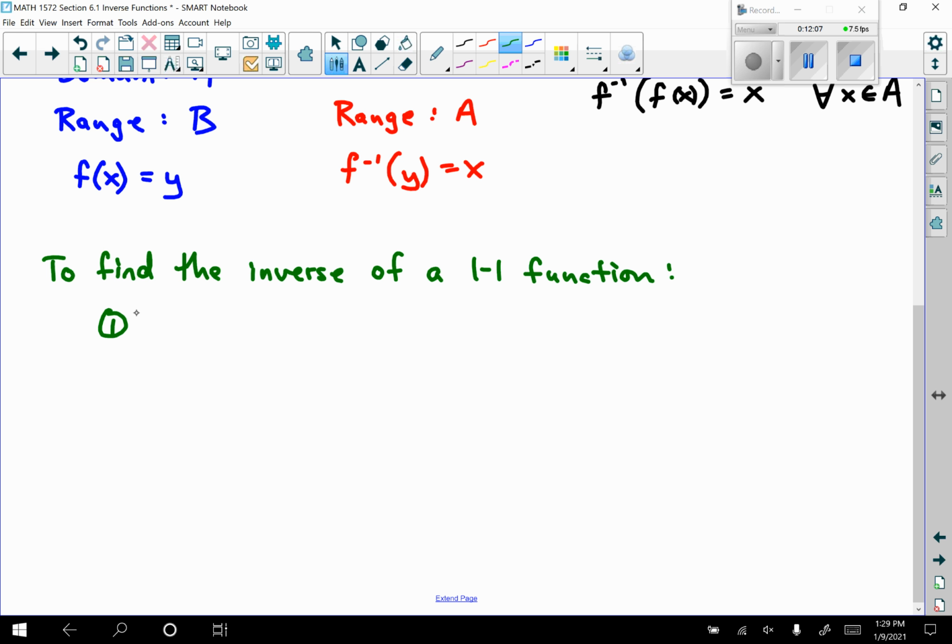Step 1, instead of using the notation f of x, we write y is equal to f of x. And we'll go through an example here in a second. The next step is once we replace the f of x with y, we simply switch x and y. Step 3, we end up solving for y again to get y is equal to the inverse of f of x.